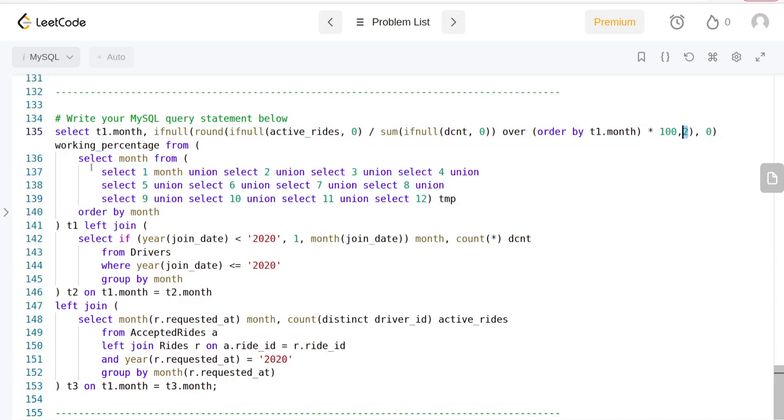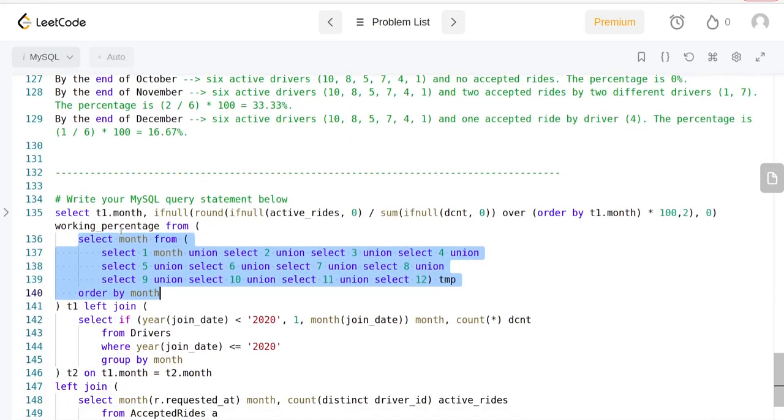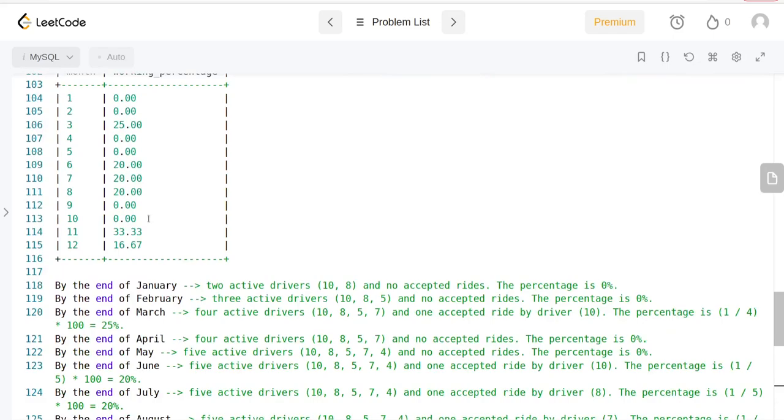Let's go a little bit deeper. The first column just generates the months from 1 to 12. You can do it in a naive way, selecting 1 as a month, then 2 as a month, and so on, keep doing the union as a temp table, and then order by the month, and that will give you 1 through 12.